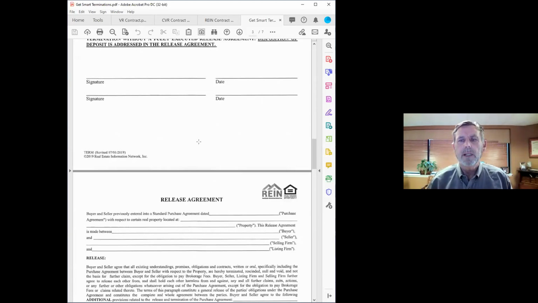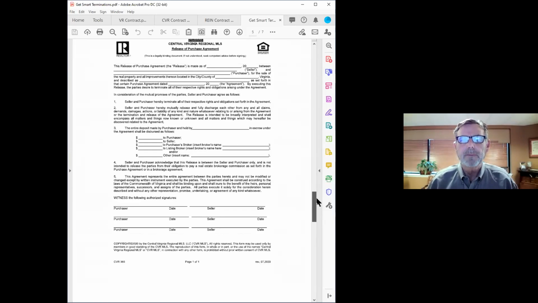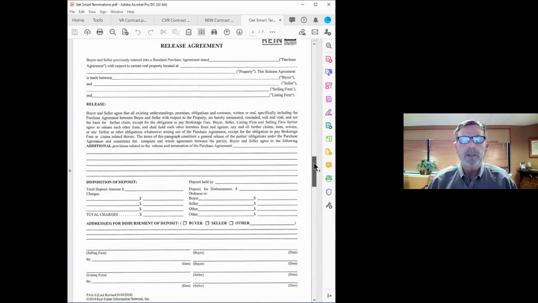One thing I did want to, just before we close it up, on release agreements, this has changed over the years. It used to be that all the release agreements also released the parties from any commission claims by the brokers, by the agents. And now they all say expressly that it does not.